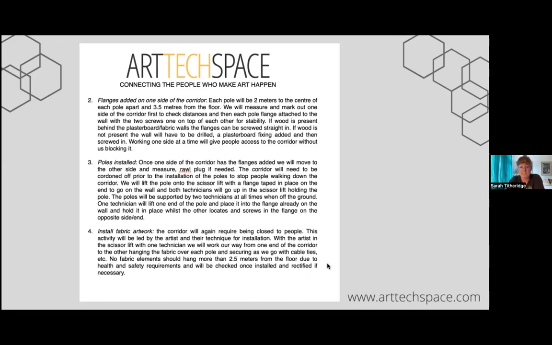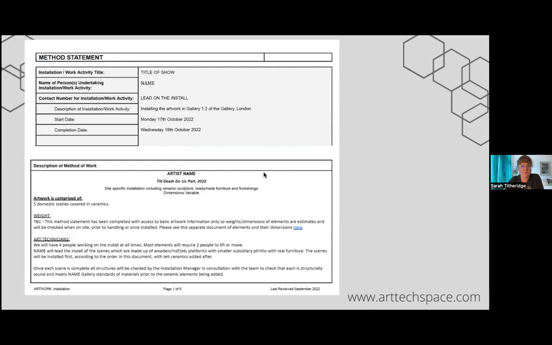But again, what we did was we talked to the site manager and said, look, we're going to have to modify the method statement. This is how we're going to do it, and talked through the process. They were happy with us just talking about it. But sometimes they want you to go back and actually amend this document. They didn't in this case, because they'd done lots of naughty things to mess it up, to be honest.